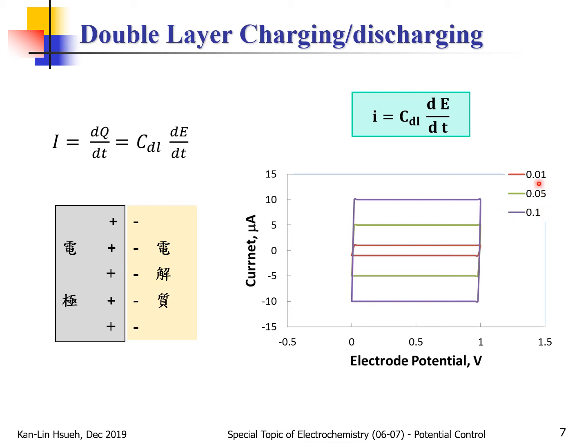So if you increase the scanning rate from 0.01 to 0.05 or 0.1, the current will increase. This is due to the double layer charging. Cyclic voltammetry always has this kind of behavior, always including double layer charging and discharge current, but the magnitude is sometimes small, sometimes a bit large, depending on what kind of electrochemical reaction you're talking about.